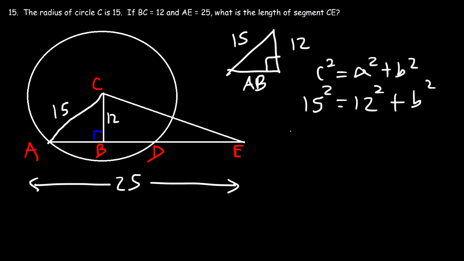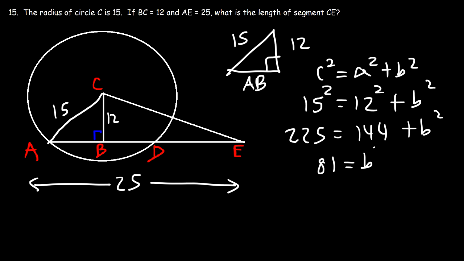Now 15 squared is 225. 12 squared is 144. And so 225 minus 144, that's 81. So 81 is equal to B squared. And if we take the square root of 81, we can see that B is 9. So AB is equal to 9.